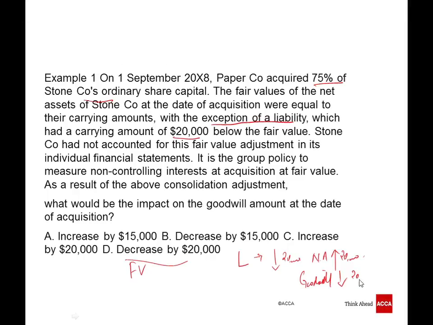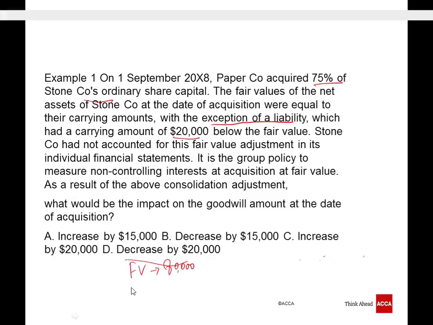I think we have made a mistake. Let's solve it again. Assuming the fair value of the liability is 80,000 and the carrying amount is 60,000.